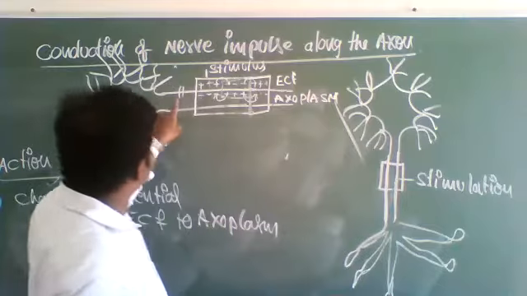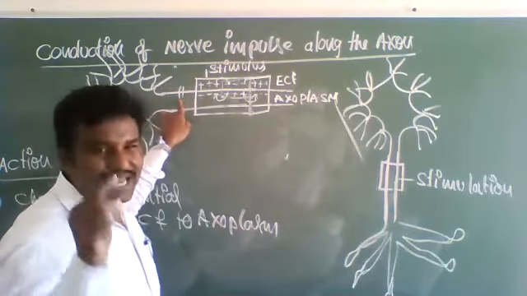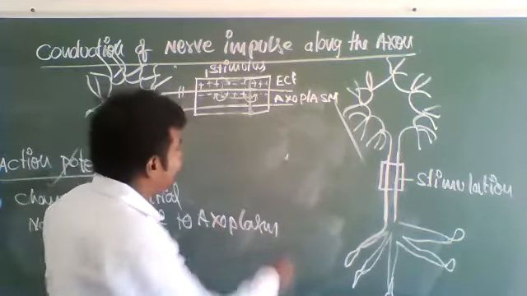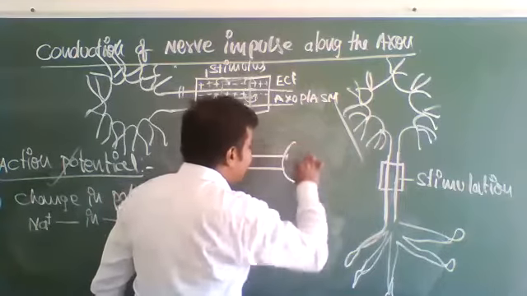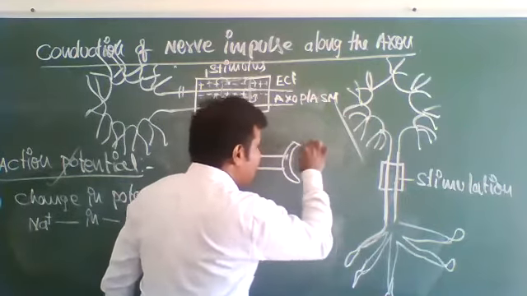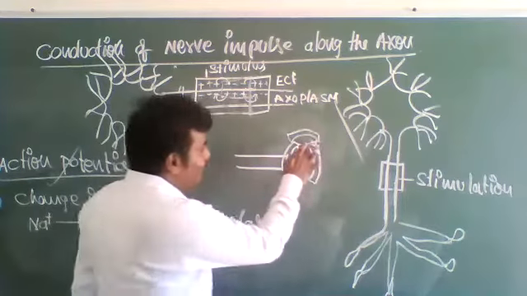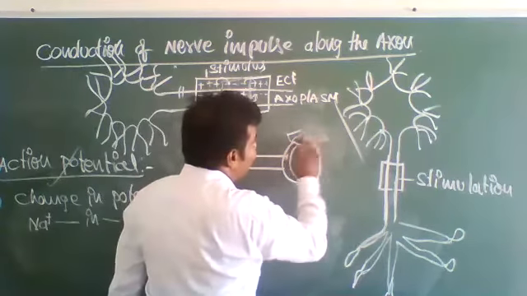In your textbook, this symbol is given in the diagram, like these lines drawn, but this indicates it correctly: this will close, now this will be opened.